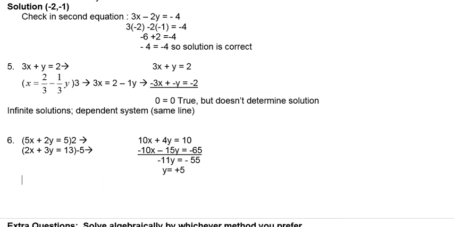Once I have my y, I can substitute into either equation. So I'm going to substitute into the first. So that gives me 5x plus 2, and substitute my y value, so put in 5, equals 5.